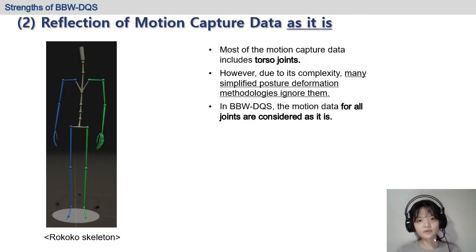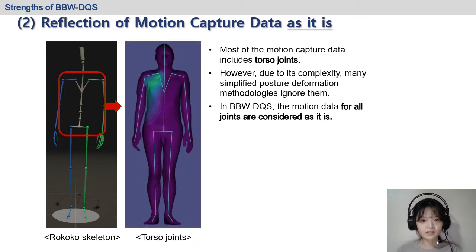The second strength of BBW DQS is that it can reflect motion capture data as it is. This picture here shows the skeleton structure of our motion capture device. As can be seen here, there are several joints in the torso region. Compared to limb joints, these joints are more difficult to reflect in posture deformations because, unlike limbs, the torso can be affected by more than two joints.